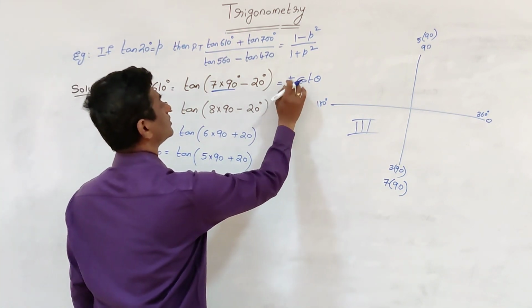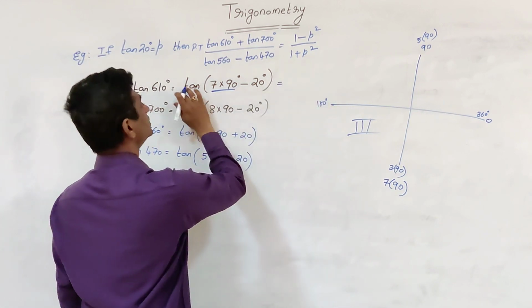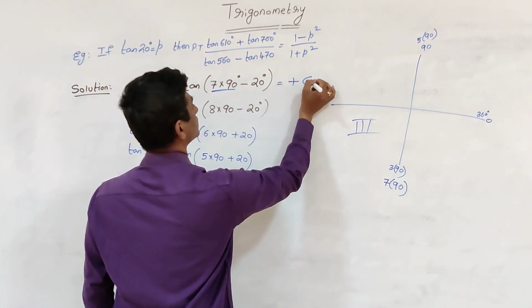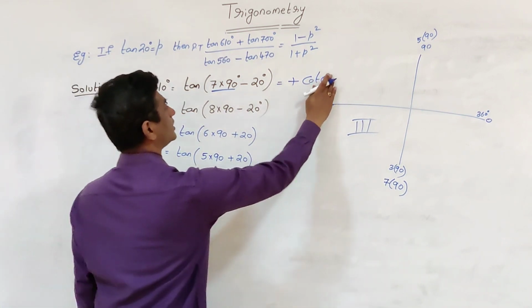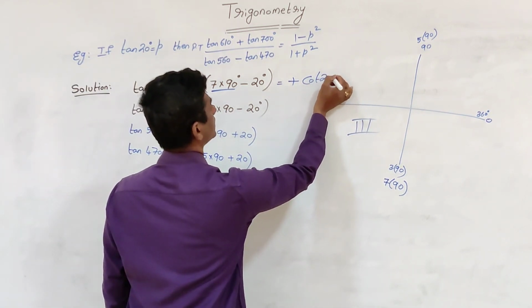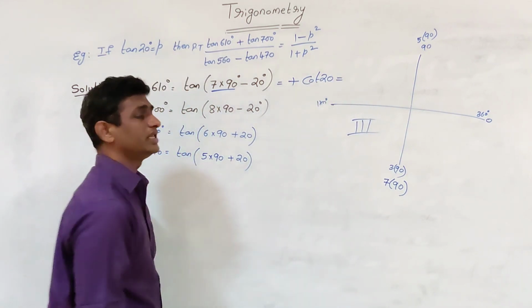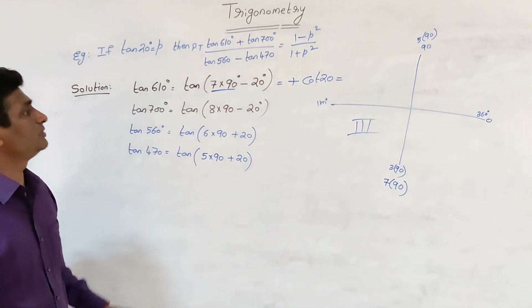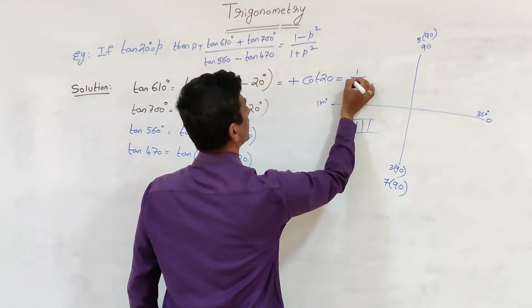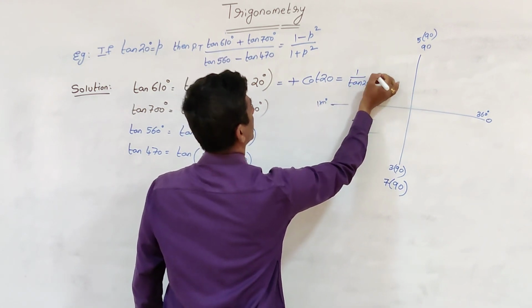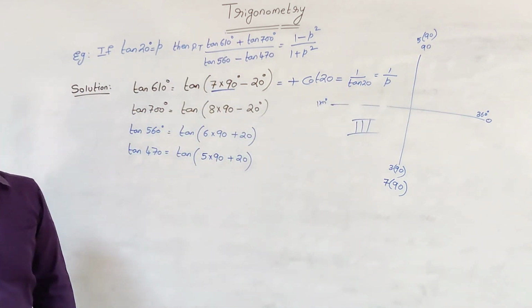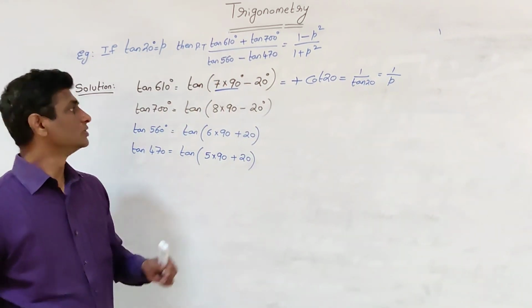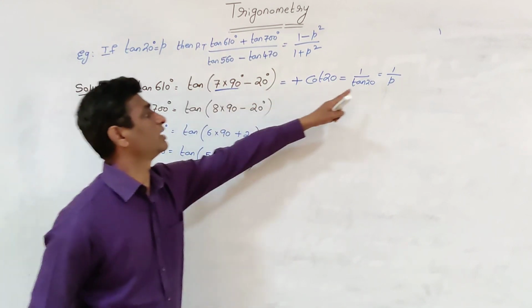So tan of 610 degrees will be plus cot, not theta, it will be 20 degrees. And cot 20 in terms of tan 20 is the reciprocal, 1 by tan 20, and this will be 1 by p, as tan 20 is p. So tan 610 degrees is 1 by p.